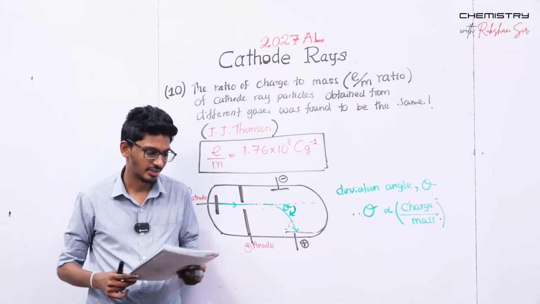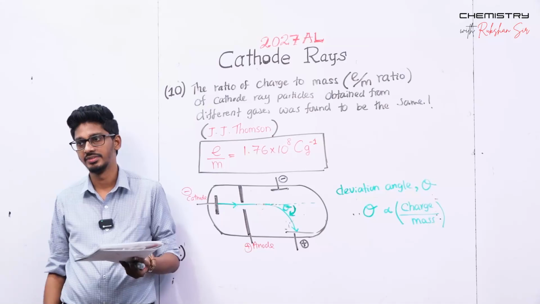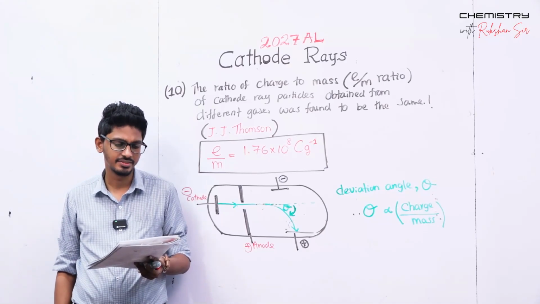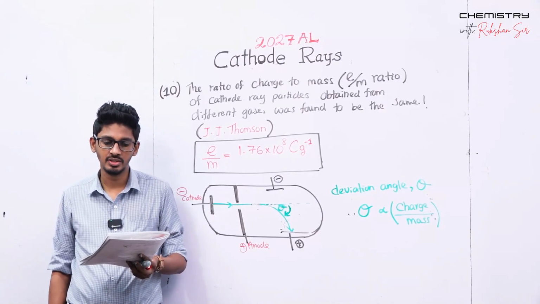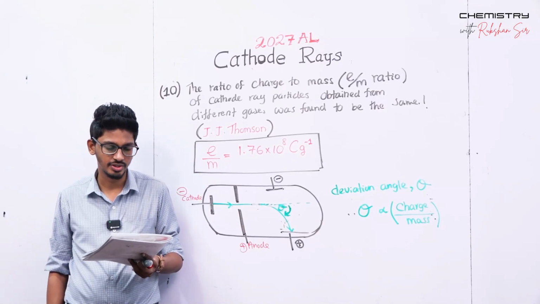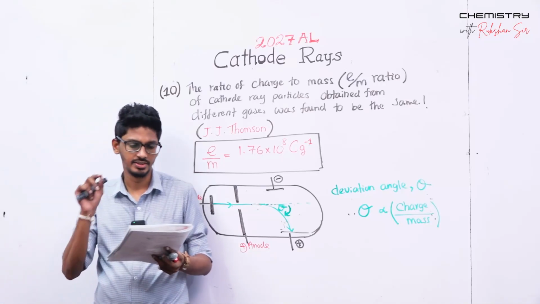That is there in your resource book, page number 7. Just complete the note. Here it says, from those findings, J.J. Thomson concluded that, put Roman number 1 and 2.